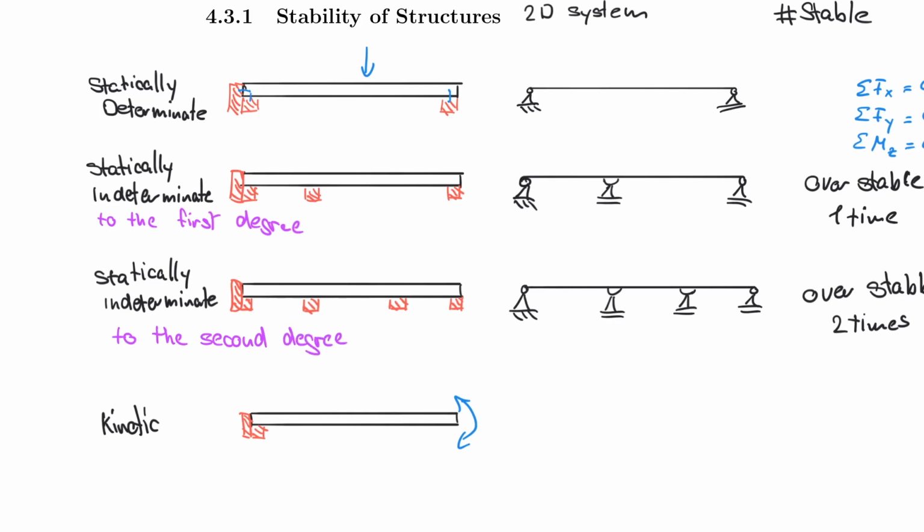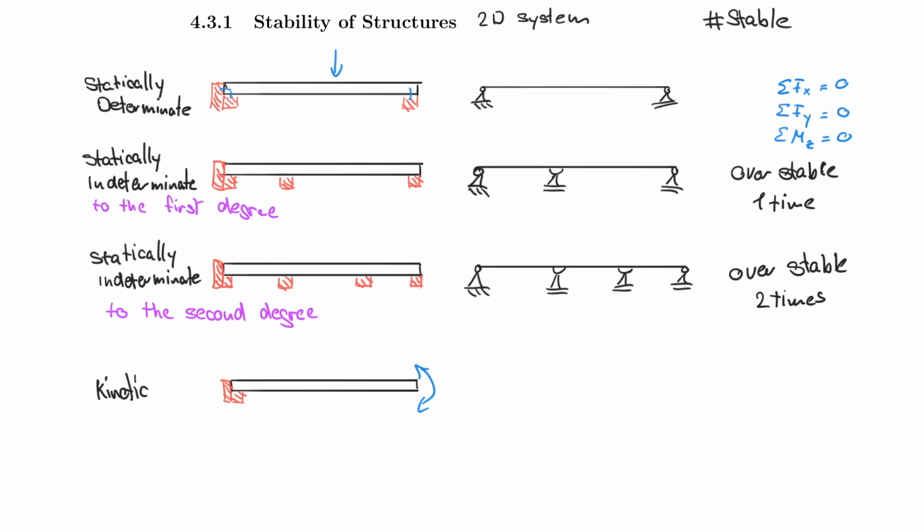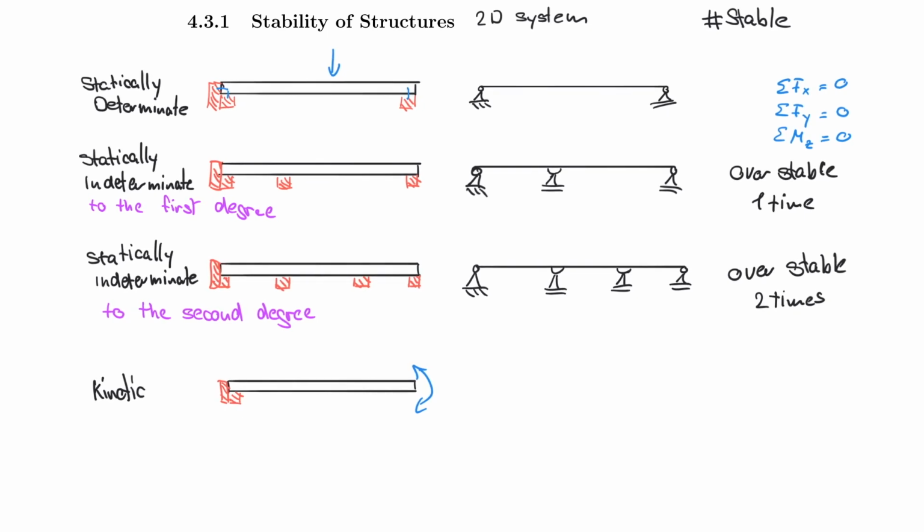So in other words, you count the overstability and you make sure that you have this condition taken care of first, or these three conditions are taken care of, and then everything in addition to that is an overstability. And engineers don't call that overstability, they call that statical indeterminacy.